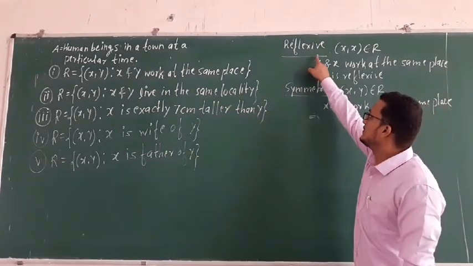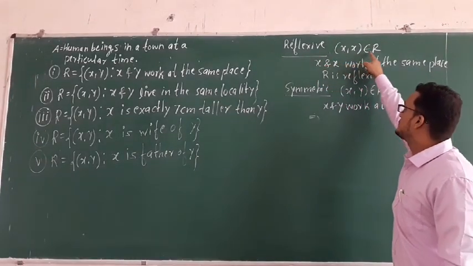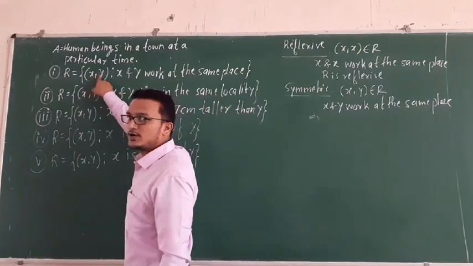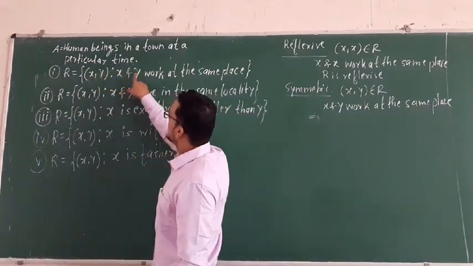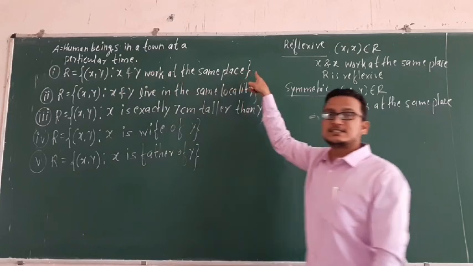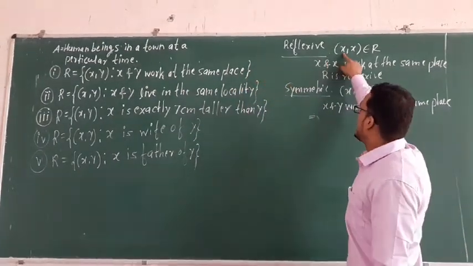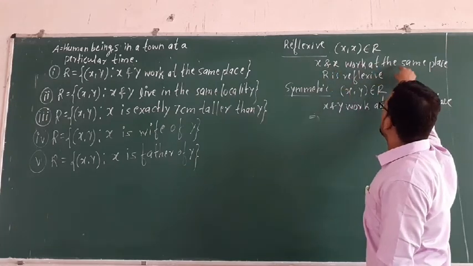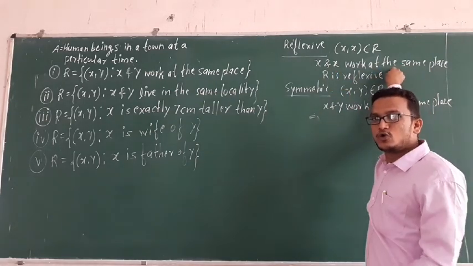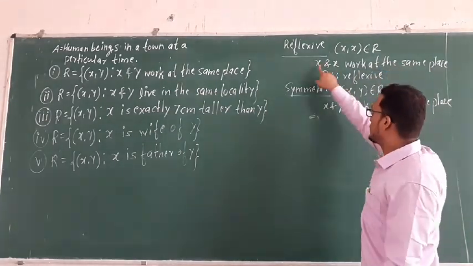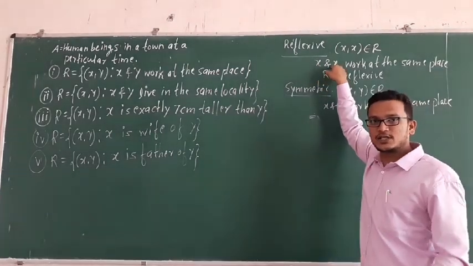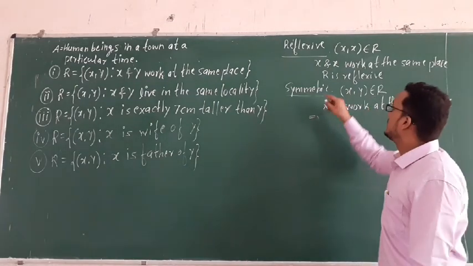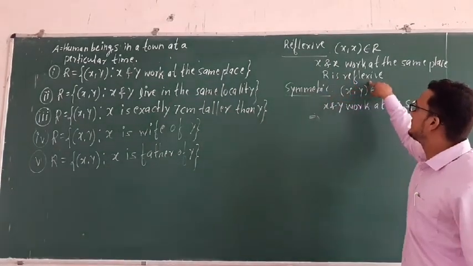As I have written here, the reflexive definition is (x, x) belongs to R. For the ordered pair (x, y), the definition is x and y work at the same place. Now for (x, x), it means x and x work at the same place. Is it true? Obviously it is true, because both are the same person, and their working place is also the same. Therefore R is reflexive.